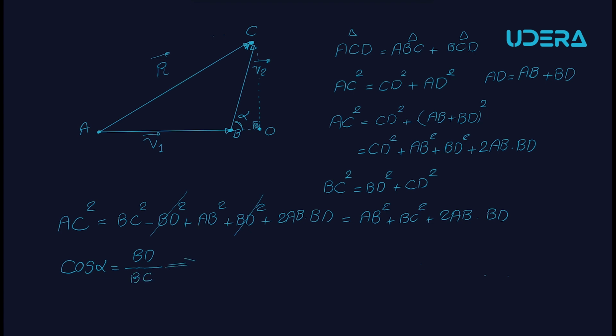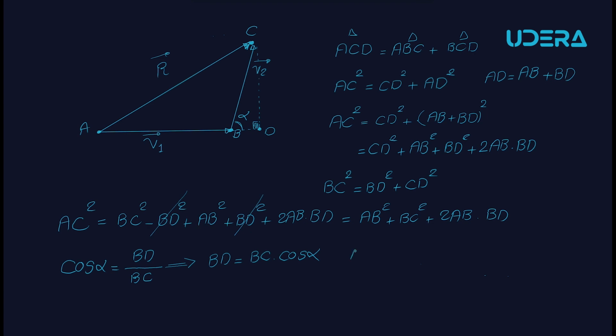So if I rewrite this expression, BD will be equal to BC times cosine of alpha. So now I can substitute BC times cosine alpha for BD in the previous expression.